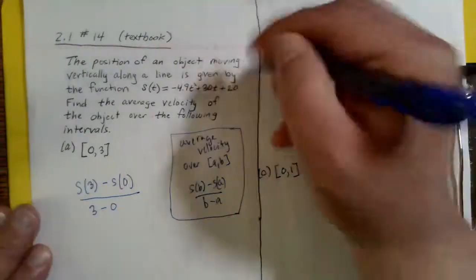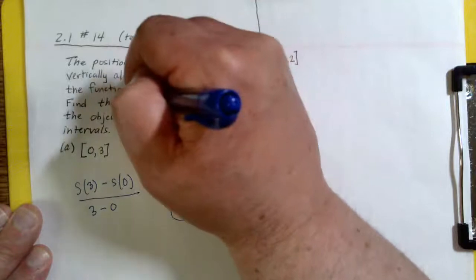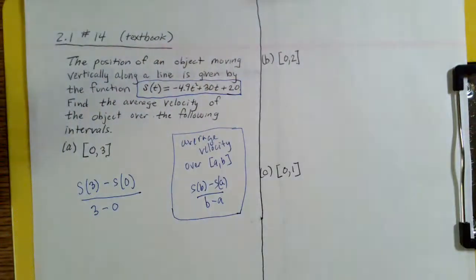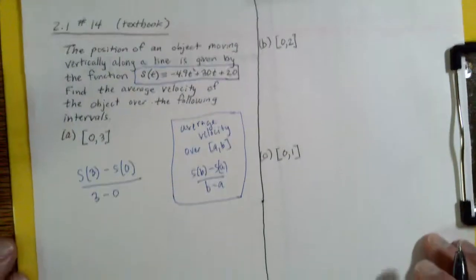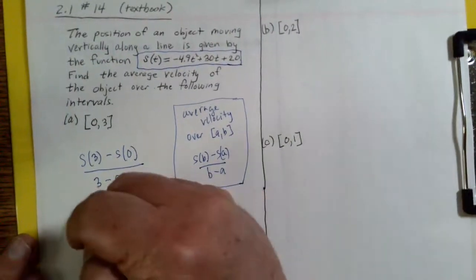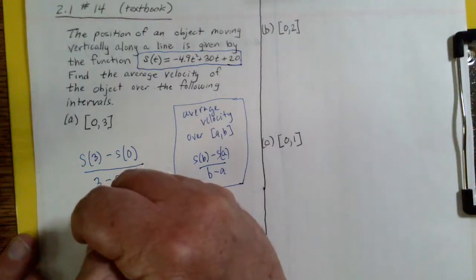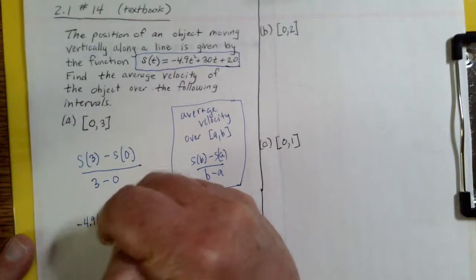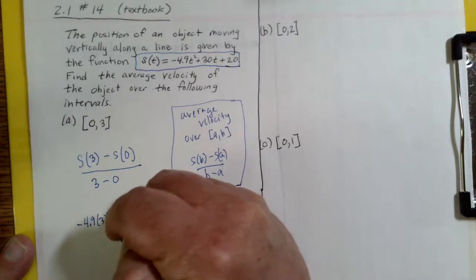So now we want to pay attention to our position function that they gave us here. And S of 3 would just be that function when we substitute in the value 3 for t.